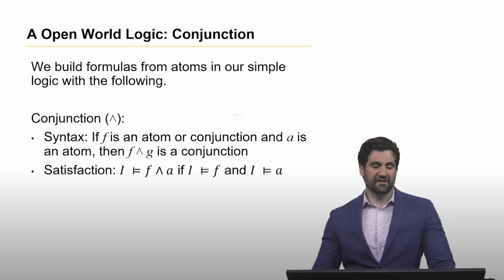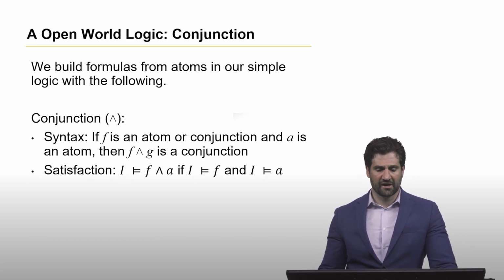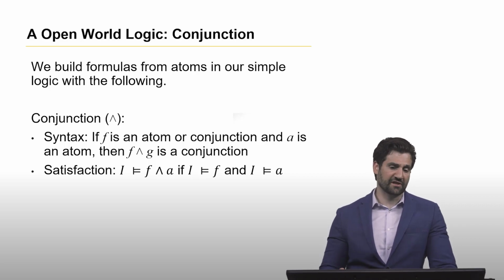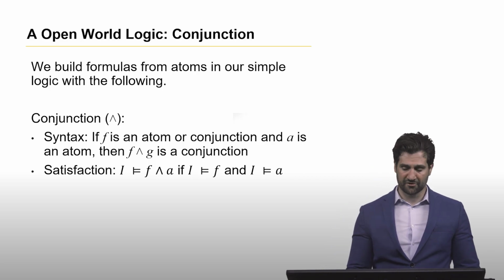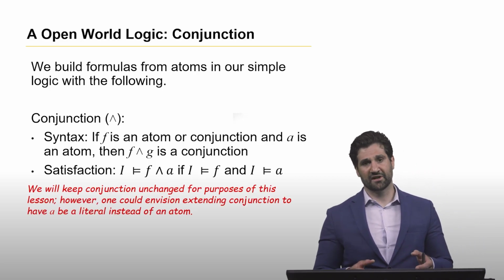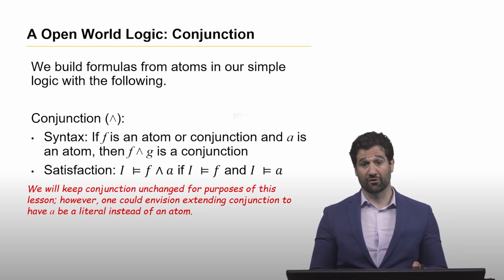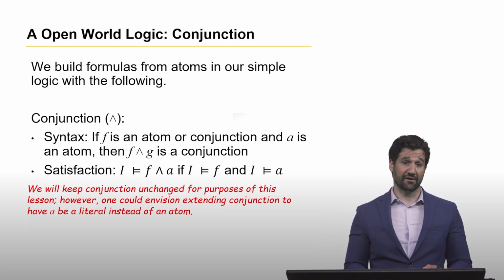So we have the idea of conjunction from before, and we're actually not going to extend it here. We're just going to keep conjunction being over a set of atoms for simplicity's sake. But just know that it makes sense that you would want your conjunction to be of literals instead of atoms to allow negation.